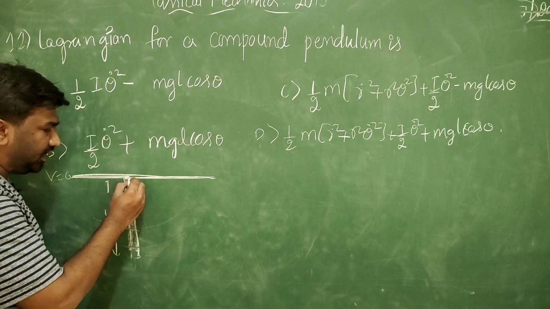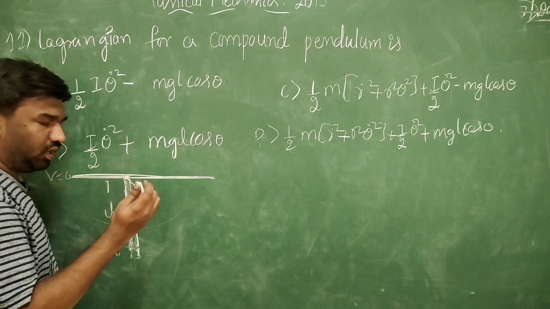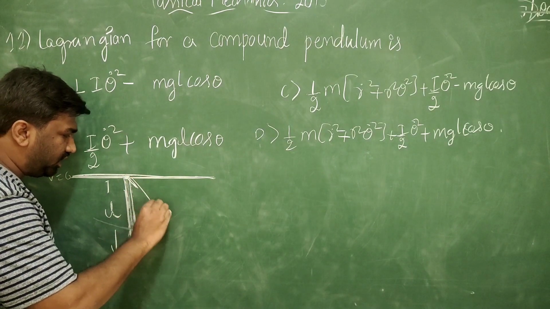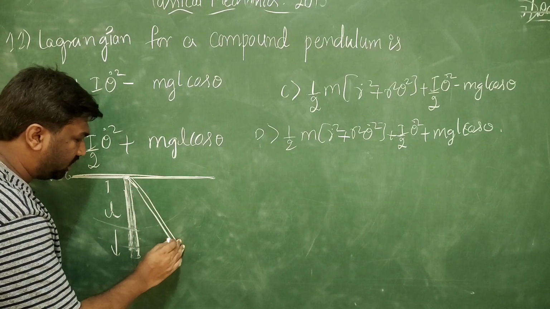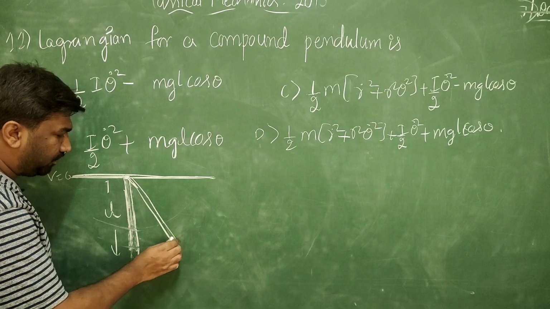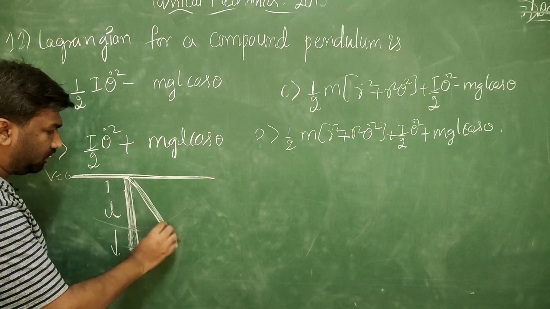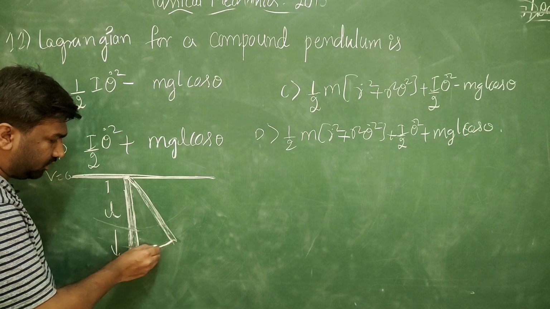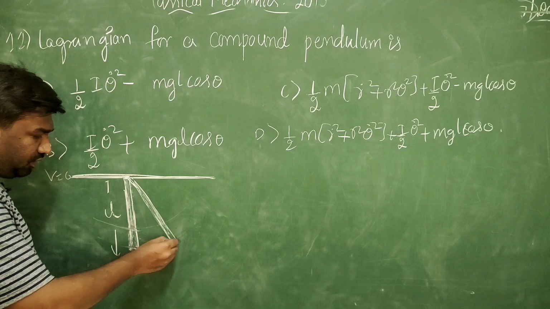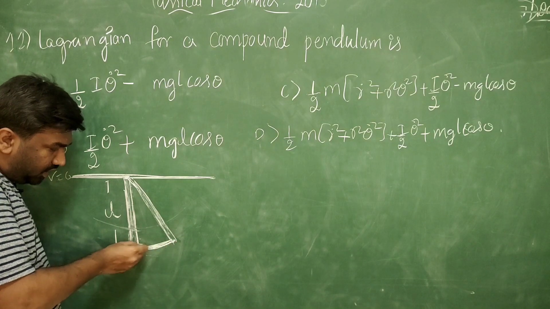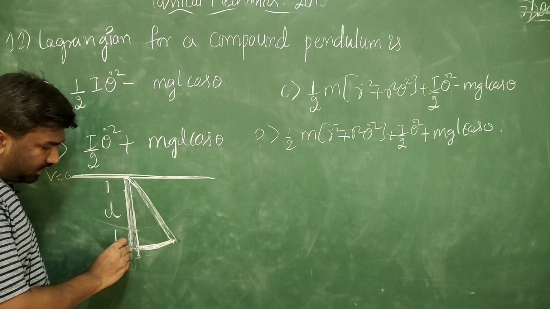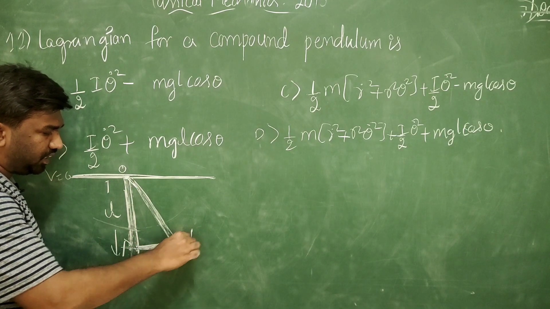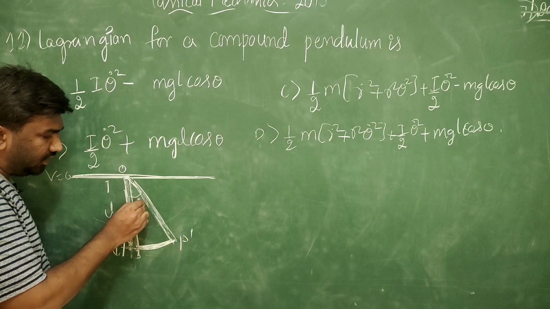Let us consider just a moment of time. It is oscillated, and the next position is here. If I join a straight line from here to here, let us consider this is O, P, and this is P dash, which makes an angle theta.